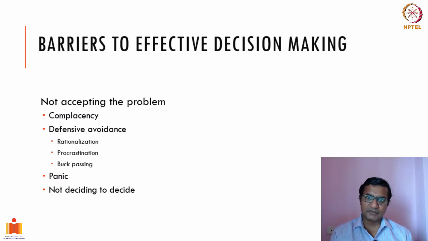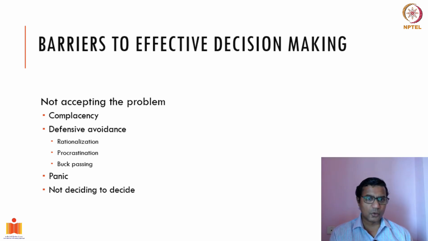In fact, these are some of the biases which we will look at in the next slide. But the point I am trying to make is that decision making is not an easy task. Many individuals and many organizations find it very difficult to get into a decision making situation. Why is it so? The first reason is not accepting the problem.